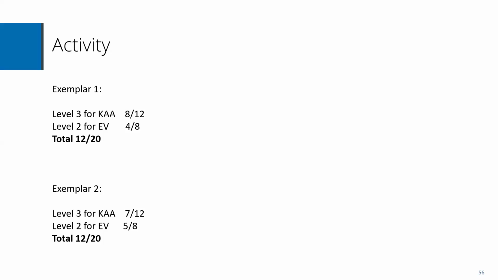Probably give it a tiny bit longer if you're going back to look at it. But yes, you can access the delegate booklet with these exemplars and the slides in the resource materials.